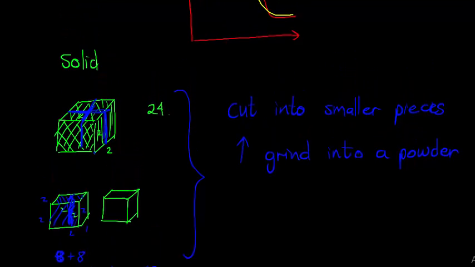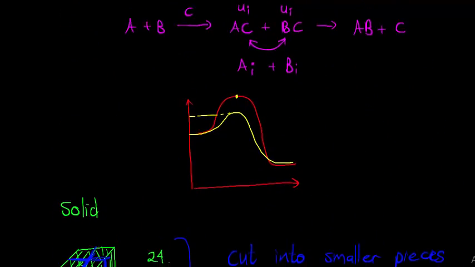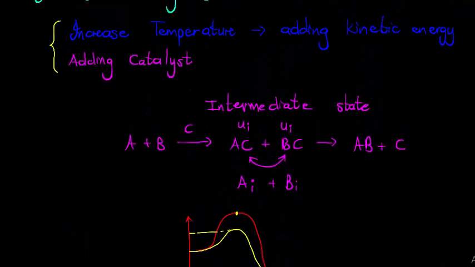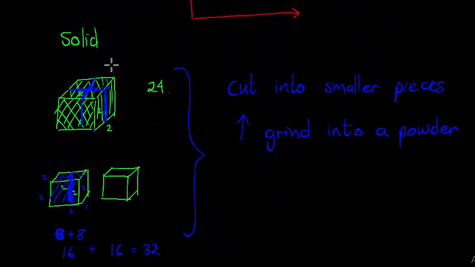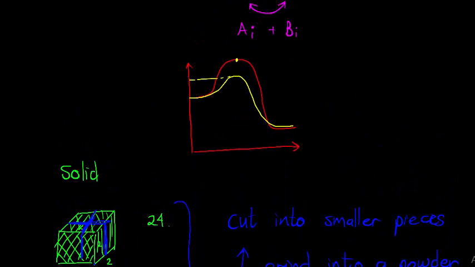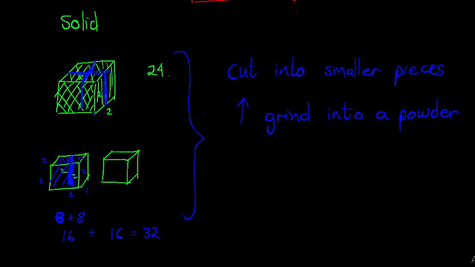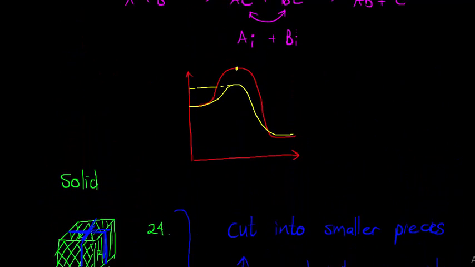Why does that work? Because I'm increasing the surface area that is in contact with the rest of the products. So when I'm working with solids, that's one way in which I can increase the amount of successful collisions, by exposing more of the surface area, by grinding it into a powder, or at least cutting it into smaller pieces.